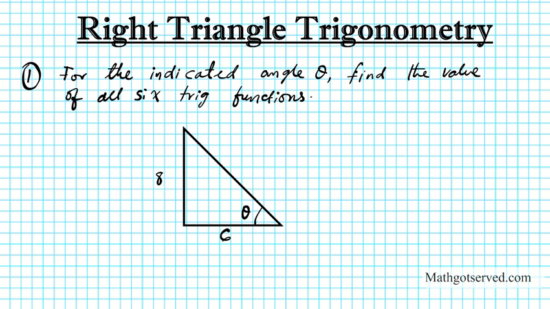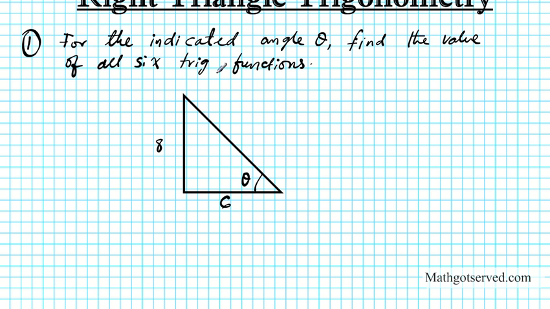If we are to find all six trig ratios, we need to find the sine, cosine, tangent, and their reciprocal trig functions, cosecant, secant, and cotangent. In order to do that, we're going to have to use SOHCAHTOA. But in order to use SOHCAHTOA, we need the opposite, adjacent, and hypotenuse.